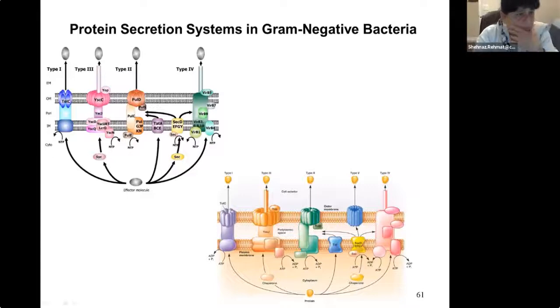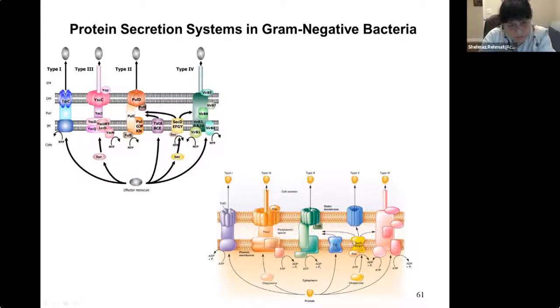So here are more pictures from different books where you can compare type 1, 3, 2, and 4 in this one, and how these are some of the examples. And here is the one which is comparing all the 5 of them here. So you can just look at it once you get the understanding of each one of these. And you can see the TAT pathway is also mentioned in this one. And in this one, the TAT pathway takes the folded proteins, remember, whilst the SEC takes the unfolded proteins.